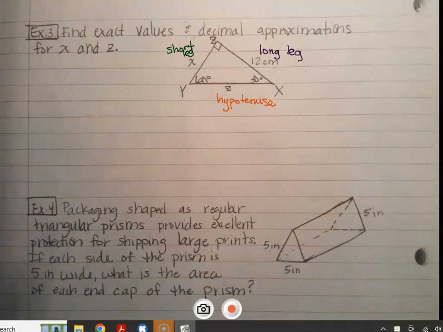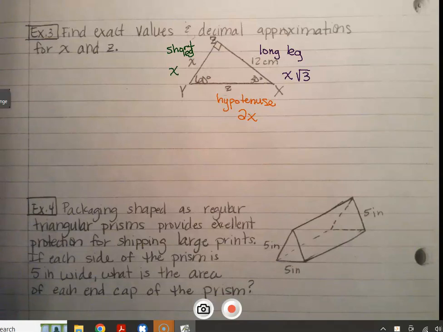It said if the short leg is x, which is what it is, then the long leg is x times the square root of 3, and the hypotenuse is 2x. If we think about that theorem that way, it might help us.